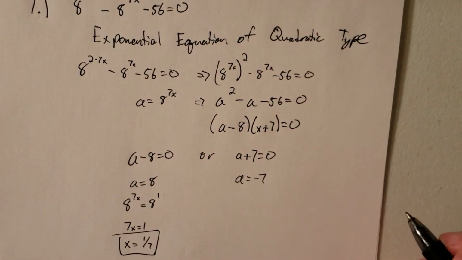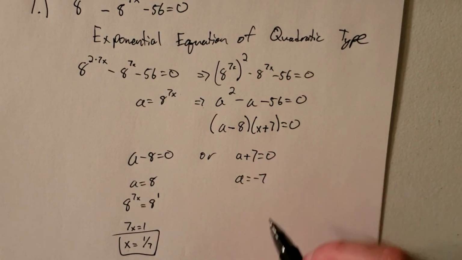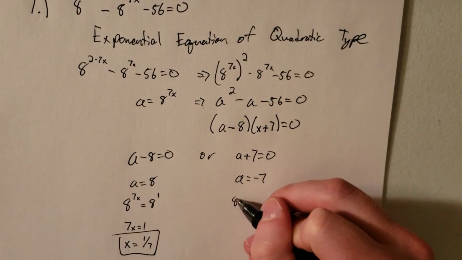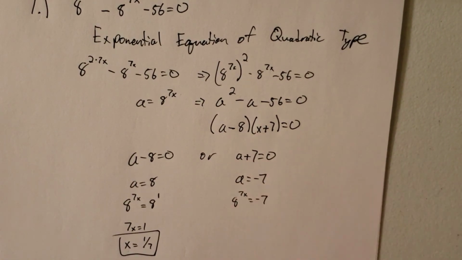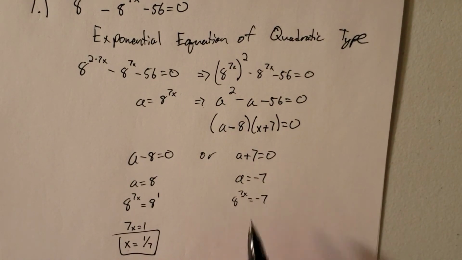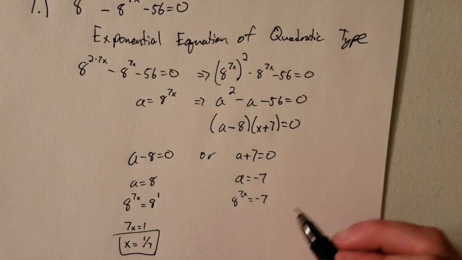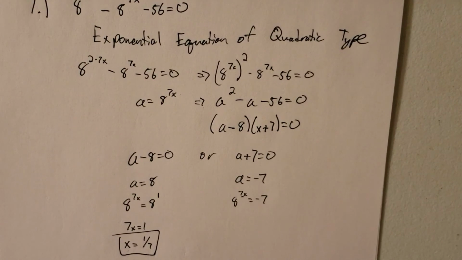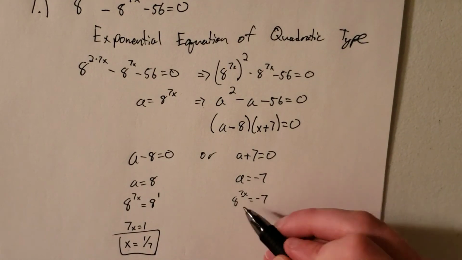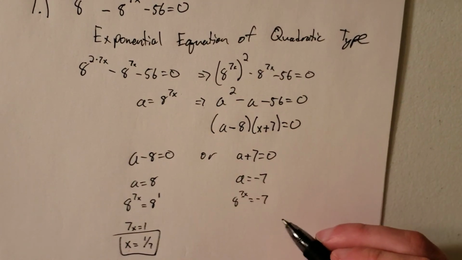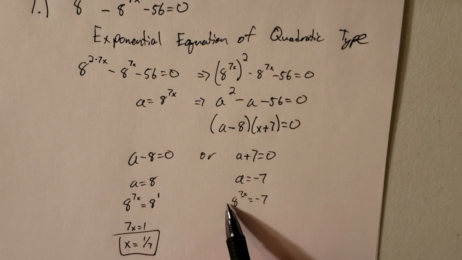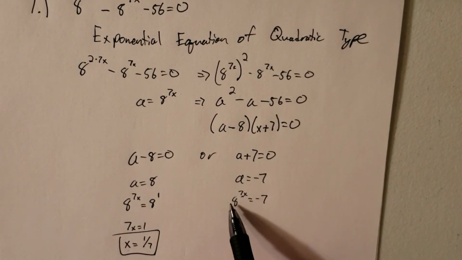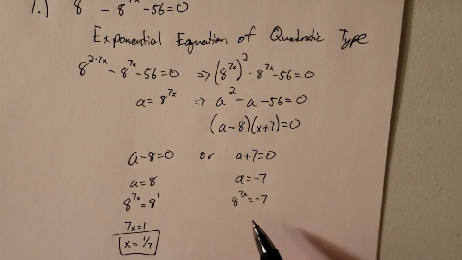Alternatively, if we say the other term is 0, then a, which is 8 raised to the 7x, is equal to negative 7. But this is an exponential function, and exponential functions are always going to be greater than 0.